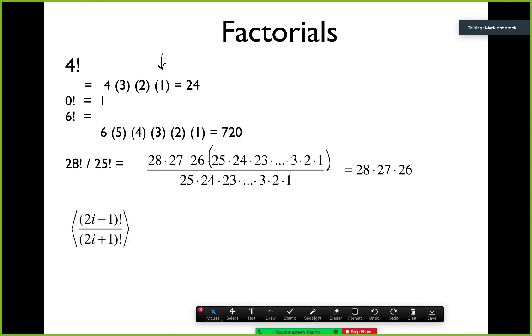All right, so we got a sequence. Here we go. We got (2i minus 1) factorial over (2i plus 1) factorial. So to do this, we want to write out what each of those factorials means. Now we got a variable involved, but we do the same thing that we did before. So what's the first number in the product here? 2i minus 1.